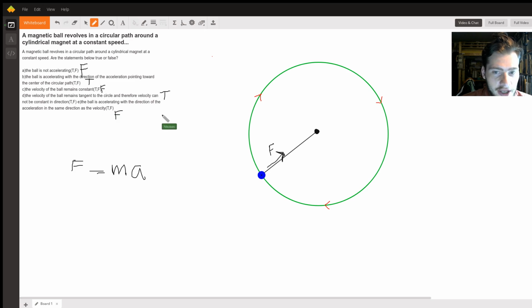Now if the ball had an accelerating angular velocity, or an angular acceleration, then this would be true. But in our case that's not the case, because we're rotating at a constant angular velocity, or constant speed in this case.